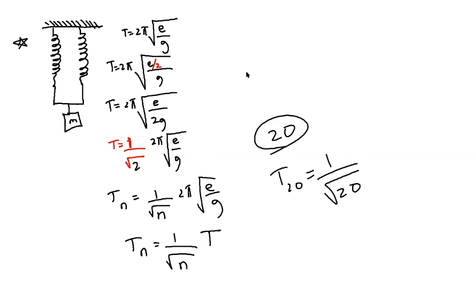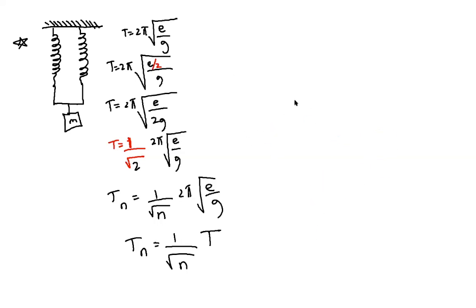Let's say my time period was 5. By multiplying this, I can find my time period. That's what this formula is used for. Does anyone have confusion in this part? Tell me, please. Oh yeah, and n is the number of springs.